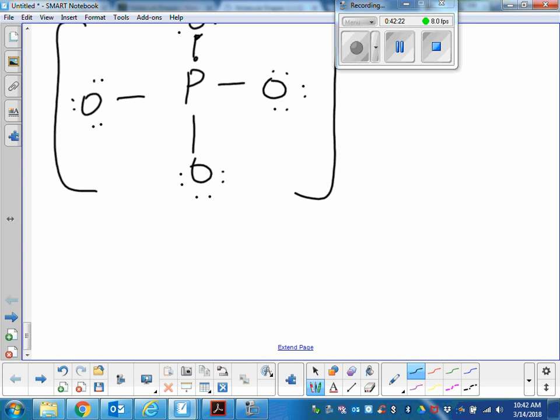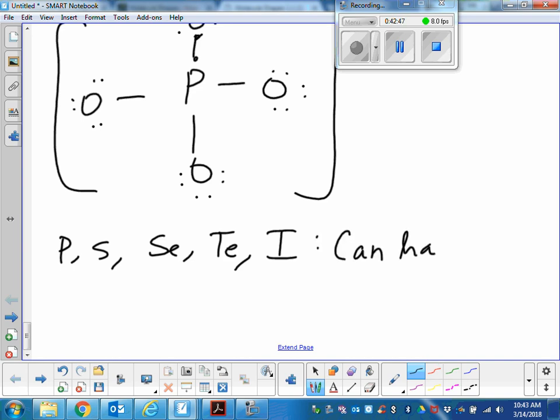So which are the elements that will break the octet rule? Phosphorus, sulfur, selenium, tellurium, iodine. We're not talking about astatine because it is so rare, it's radioactive. They can have more than 8.